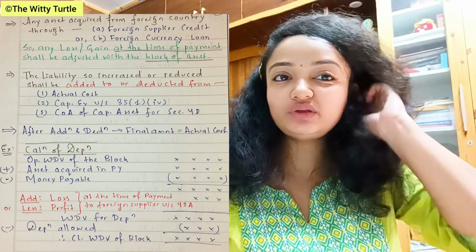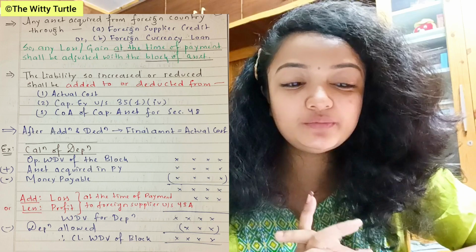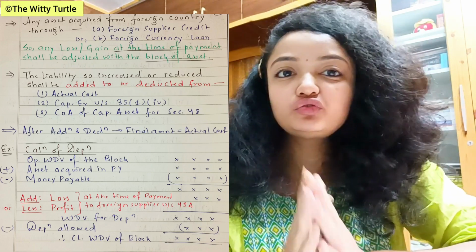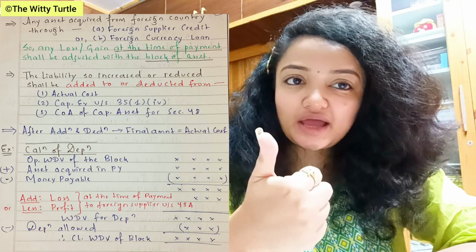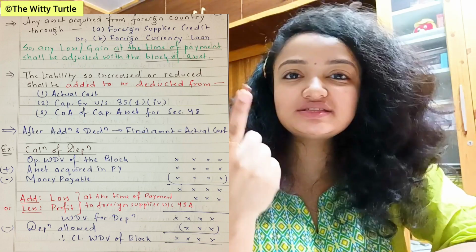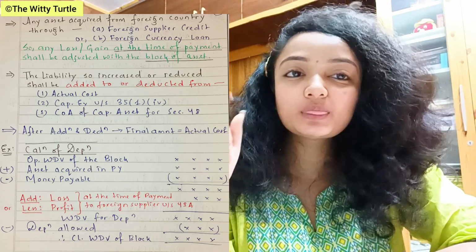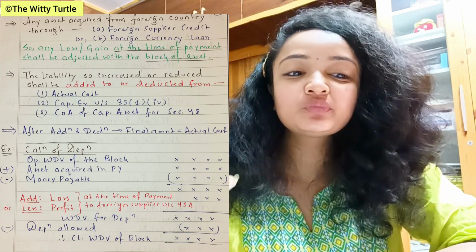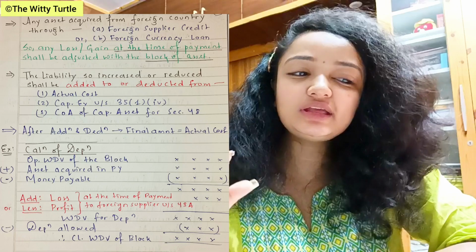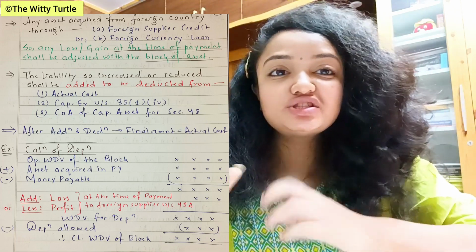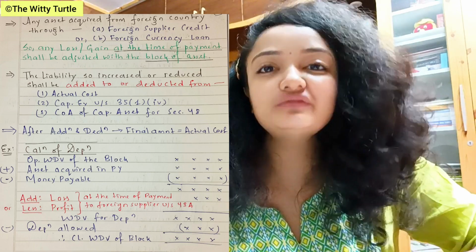So the only thing that we need to remember in this particular section is that the asset is acquired from a foreign country through any foreign supplier credit or foreign currency loan, right? If these two things are there to supply you money, then this particular section is applicable. And any loss or gain at the time of making the payment shall be adjusted with the block of asset.